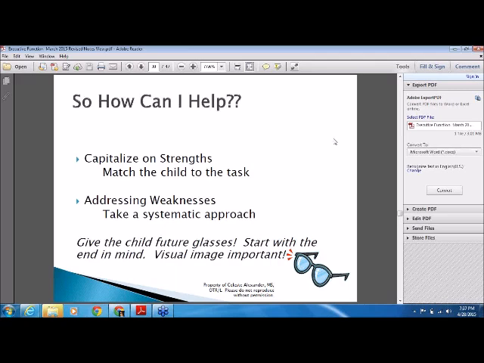Well, one that we briefly mentioned a month ago was the glasses, and giving them a framework, a lens, a visual anchor, so that they understand what they have, an image that they can anchor from. So we give our child what we call future glasses.